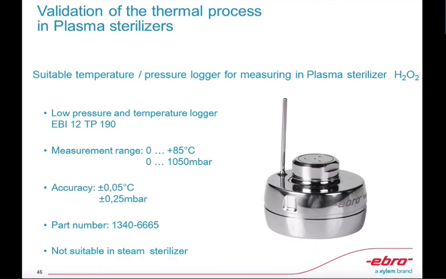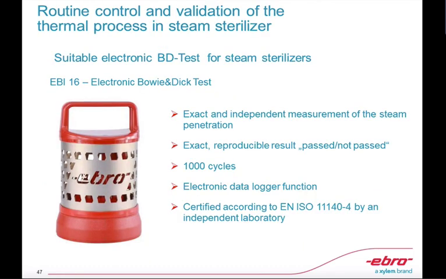We have the pressure sensors with temperature sensors and the Bowie and Dick test logger. So this is a good alternative for your chemical indicators, for your Bowie and Dick procedures for autoclaves. And it is certified according to ISO 11140-4 by an independent laboratory.